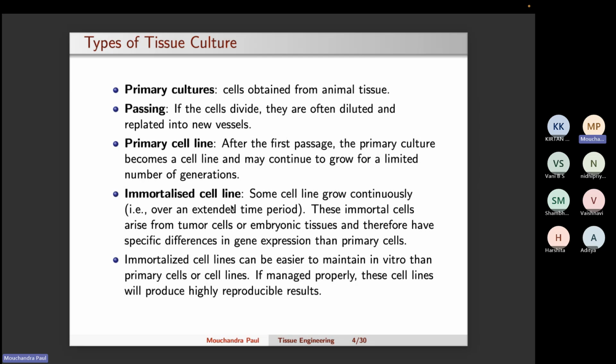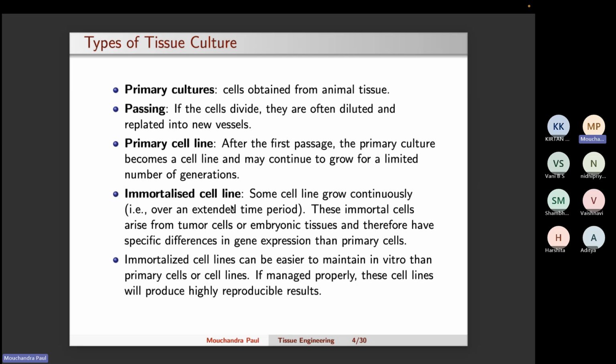When you are maintaining cells, immortalized cell lines are easier to maintain than primary cells or primary cell lines, because primary cells, as I said, show changes over a large number of passages, like changes in gene expression or cell morphology.